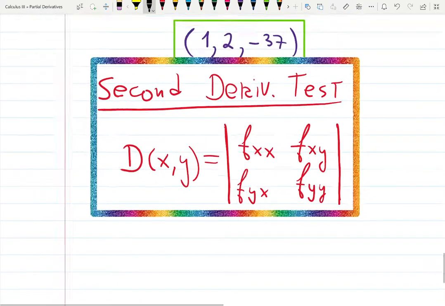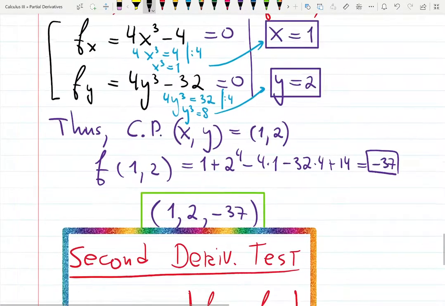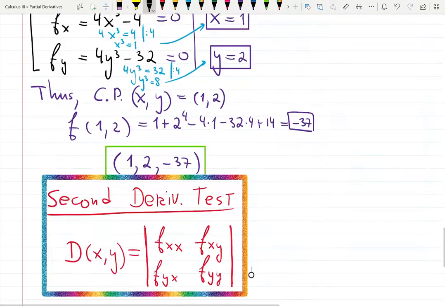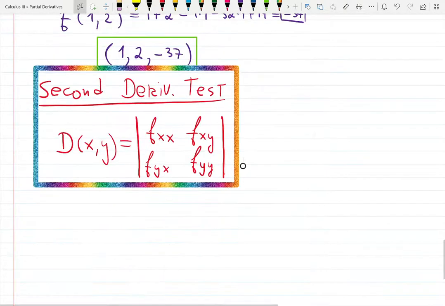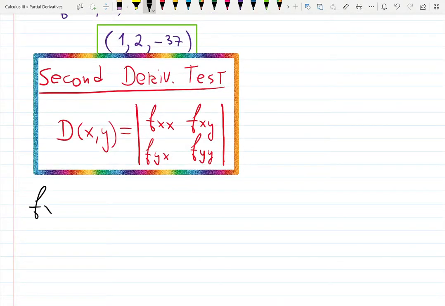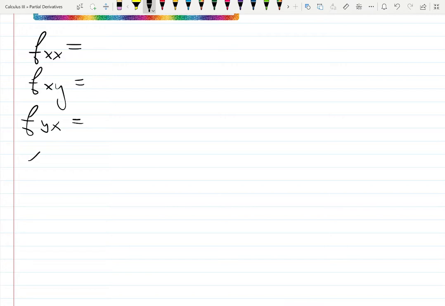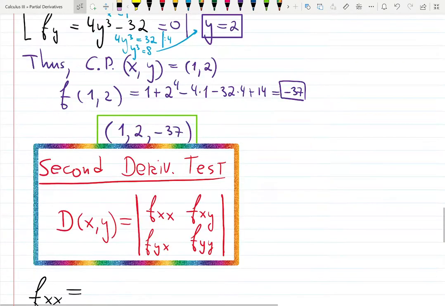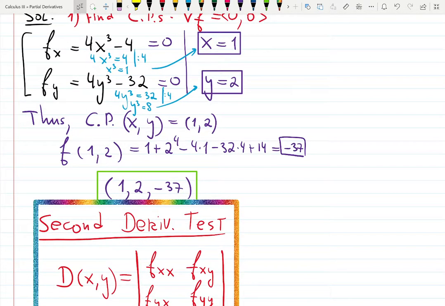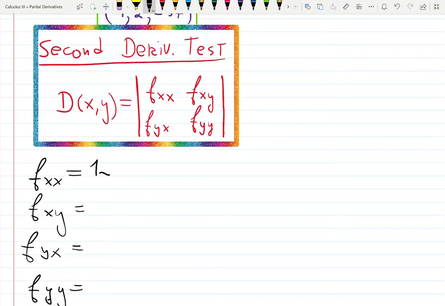So luckily this function is simple. So f of x is here in front of me. Let's find fxx, fxy, fyx, usually they are the same, fyy. Who can tell me fxx? 12x squared. 12x squared, thank you.